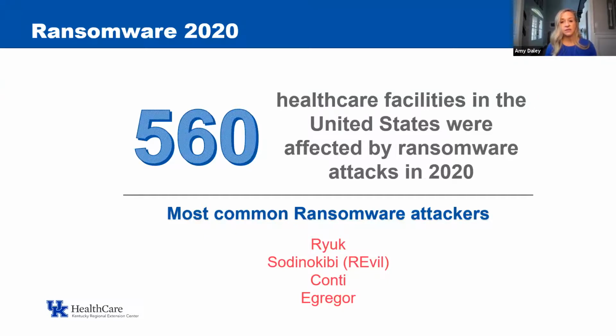If the data was compromised, impermissibly used, or stolen, that would constitute a breach. But 560 facilities is a crazy amount of organizations that have been touched by ransomware. And it is the largest year of ransomware attacks that we've seen in the history of this crazy hacking world of ransomware.